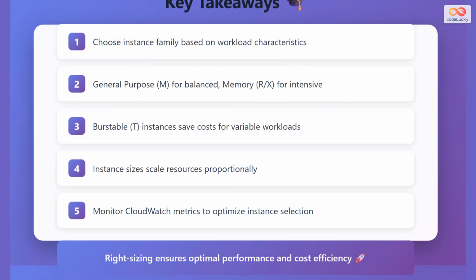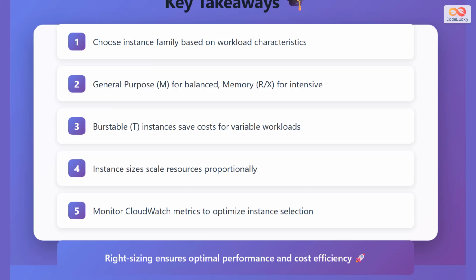Let's recap the key points. First, choose your instance family based on workload characteristics, whether you need balanced, memory-intensive, or burstable performance. Second, general-purpose M instances work for balanced workloads, while memory-optimized R or X instances are for intensive operations. Third, burstable T instances save costs for variable workloads with occasional spikes.